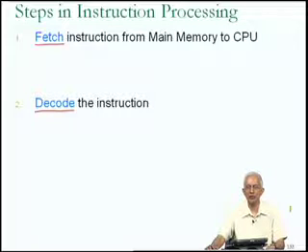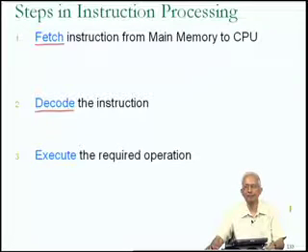Therefore, while the instruction is sitting in the instruction register, the hardware must examine the appropriate bits of the instruction in order to understand what the instruction is supposed to do, using the information about the instruction format. In other words, what bits of the instruction are used for what purpose. Once this has been done, the instruction can be executed. In other words, the operation that is required of this instruction can be done.